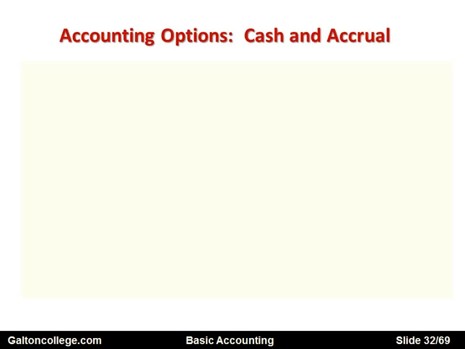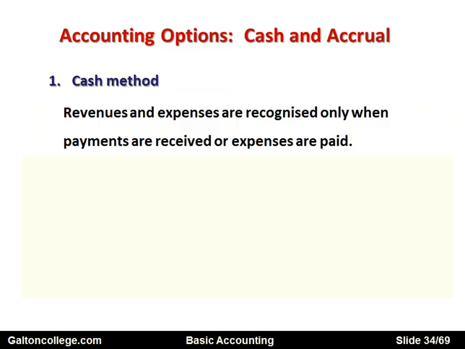Accounting options. Well, we need to look carefully at what we call cash and accrual transactions. Now, the cash method: revenues and expenses are recognized only when payments are received or expenses are paid. That's the cash method.